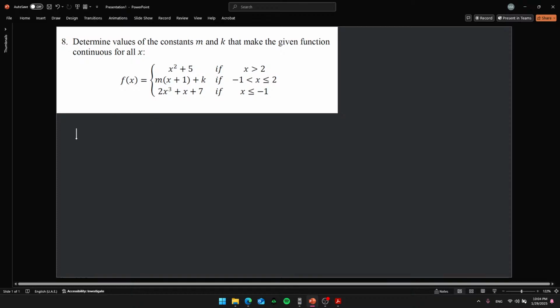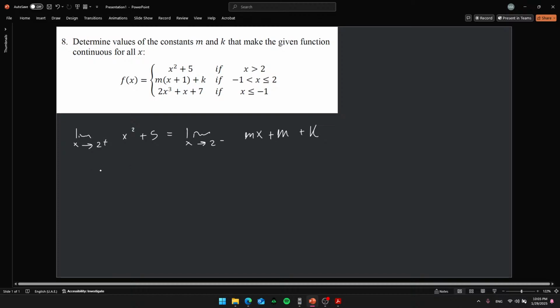So let's equate. The limit as x approaches 2 from the right of x squared plus 5 equals the limit as x approaches 2 from the left of m times (x plus 1) plus k. Let's distribute the m real quick: mx plus m plus k.